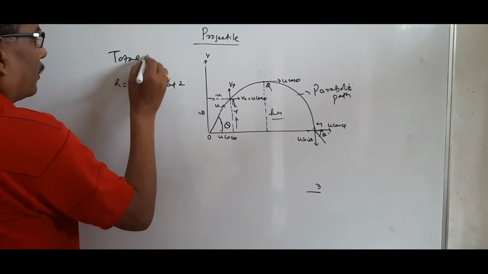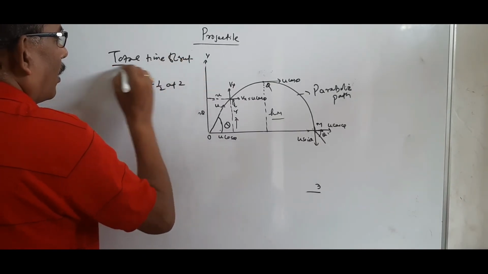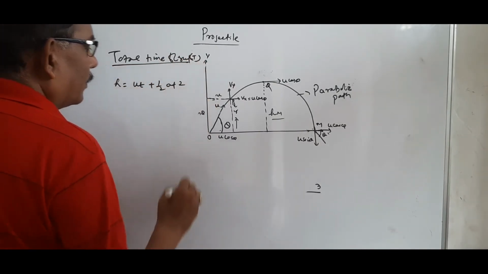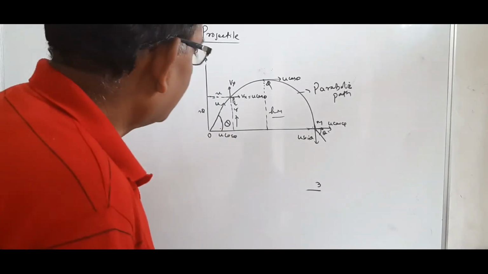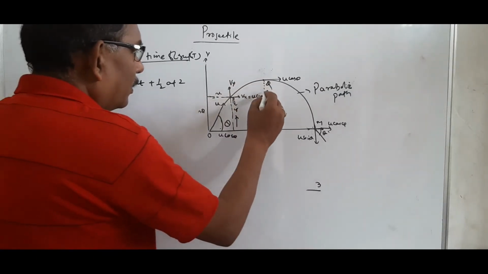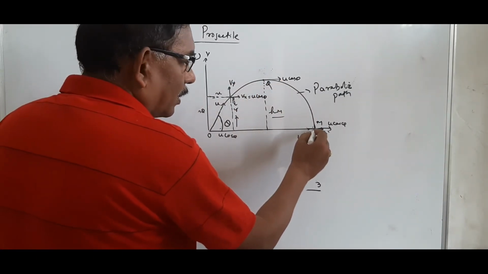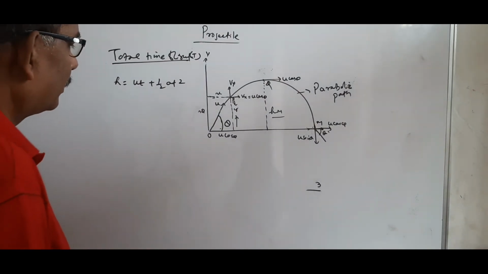Total time of flight is your capital T. What is total time of flight? The time taken by the projectile from the initial point to reach the ground. This is called total time of flight.